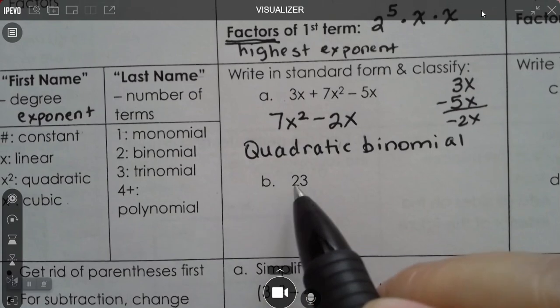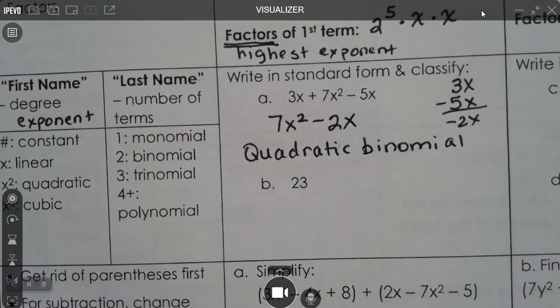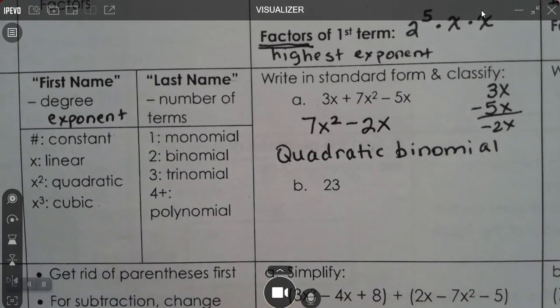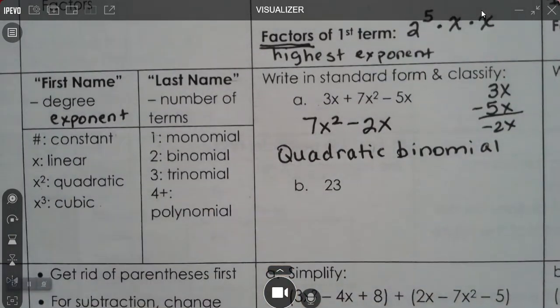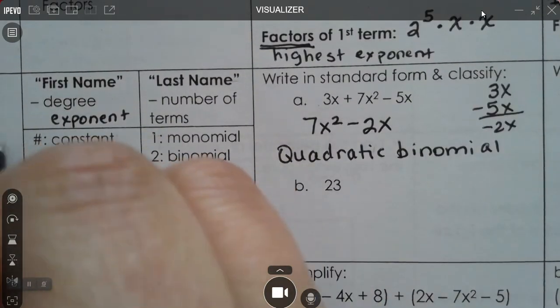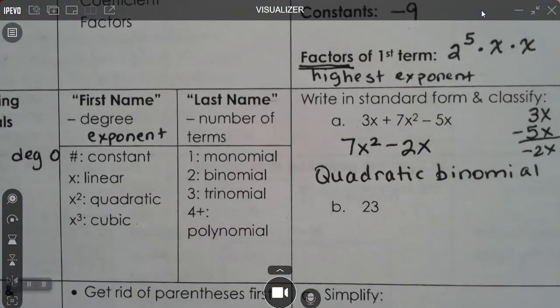All right, the next one is just a 23. So you don't need to simplify it because there's only one term. What is the degree of a constant? Constants have a degree of 0. Degree of 0.